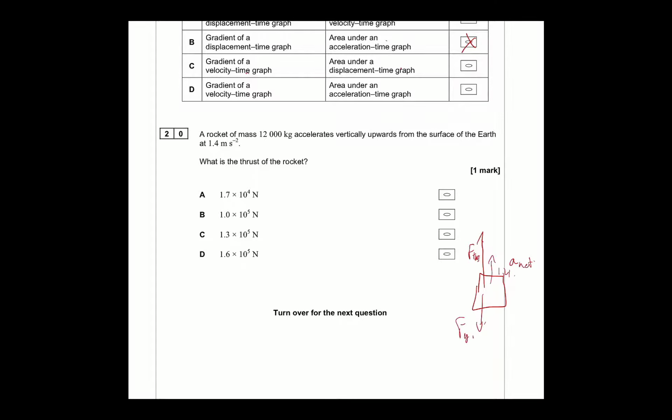Okay, so your thrust acceleration is going to be equal to your net acceleration plus gravity. So it's got to be 1.4 plus 9.8 is 11.2 meters per second squared. So the thrust is 11.2 times 12,000.